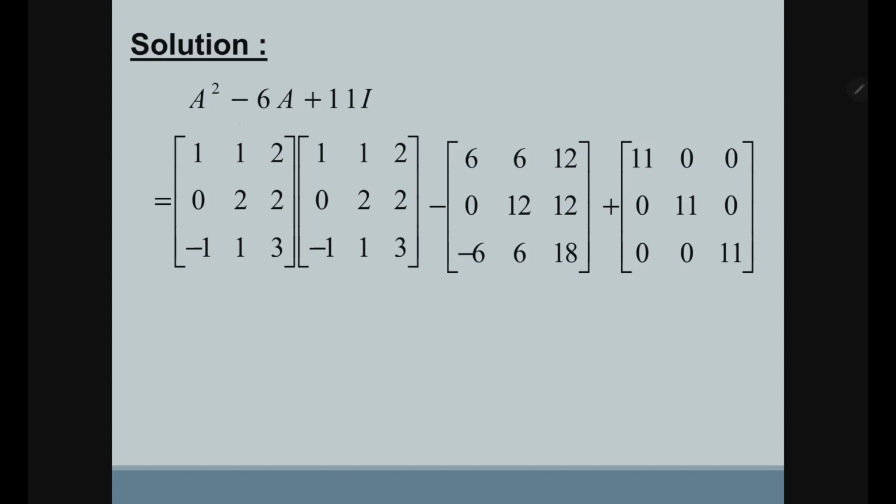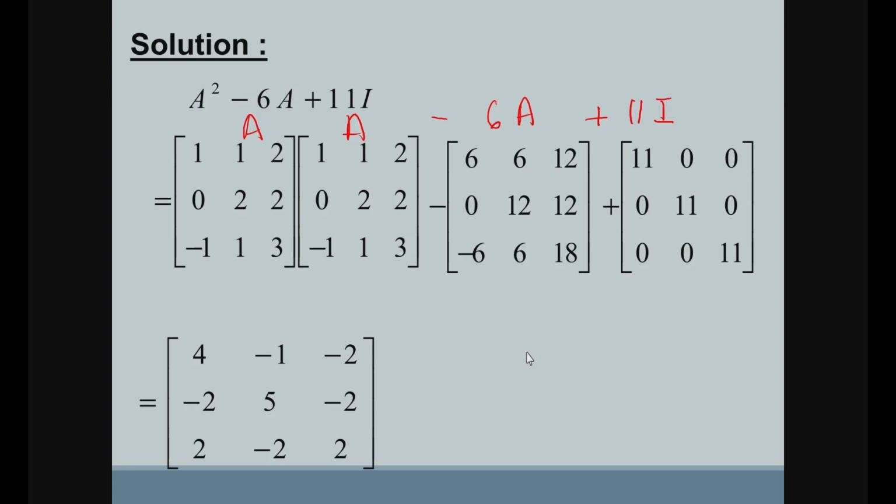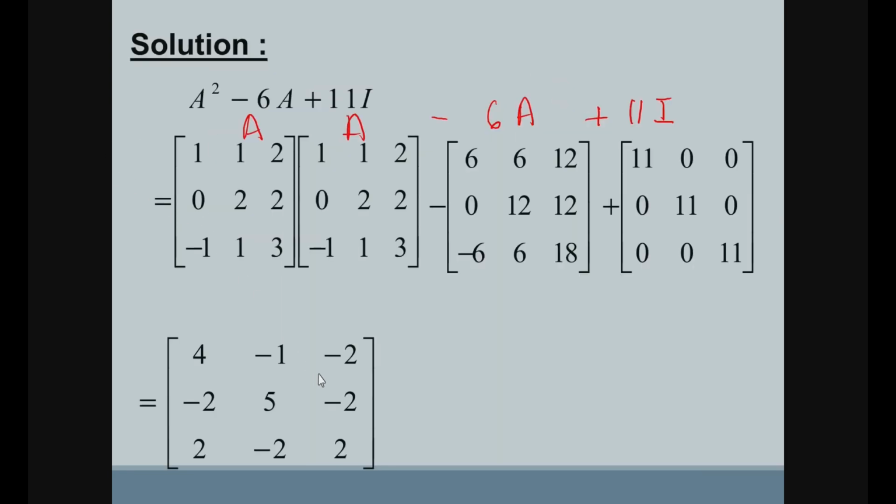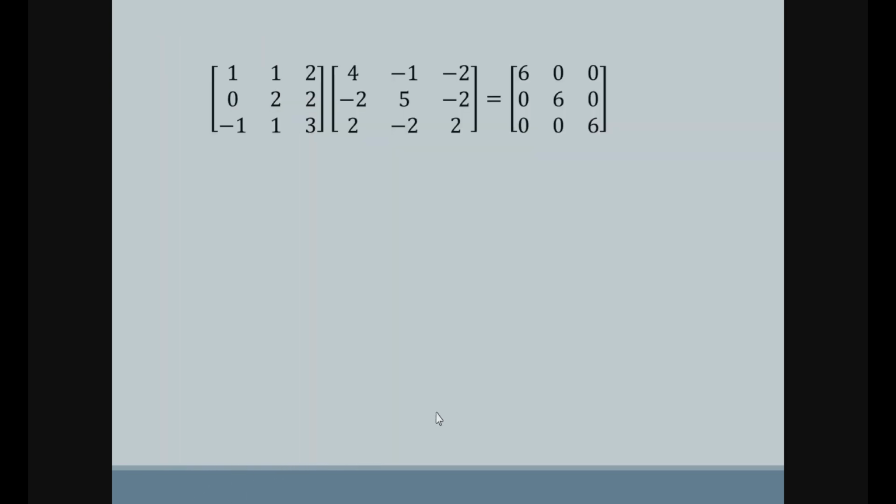Okay, this one, A times A square minus 6A plus 11I. Okay, can you solve this one? We can get here 4, -1, -2, -2, 5, -2, 2, -2, and 2.